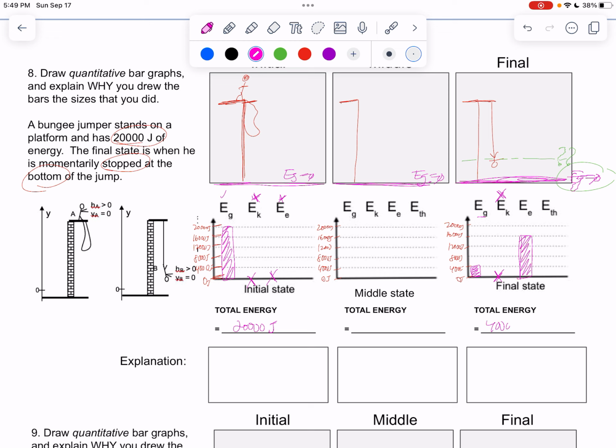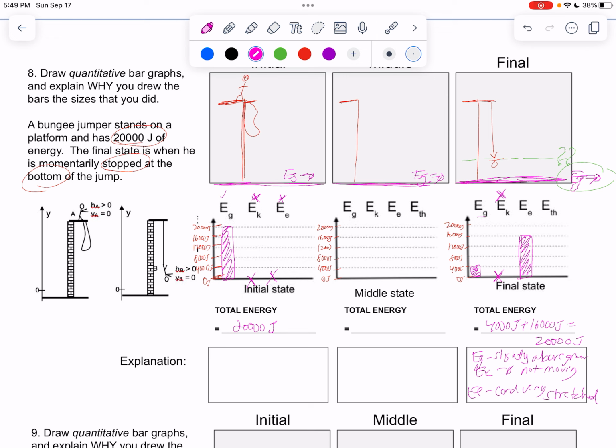So 4,000 plus 16,000, and that should be the same total. So my EG, I'm going to say slightly above ground. EK, 0, because he's not moving. EE, cord very stretched, so a lot of EE.